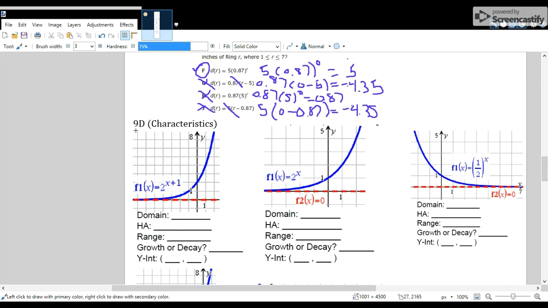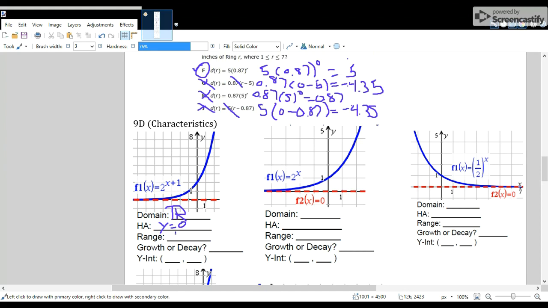Okay, 9D, characteristics. Looking at this first graph, our domain is all real numbers. Our horizontal asymptote is that dashed line where the graph looks most horizontal. This could be at y equals 0.